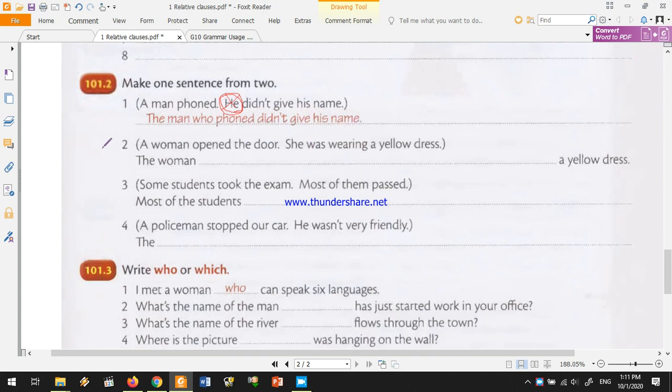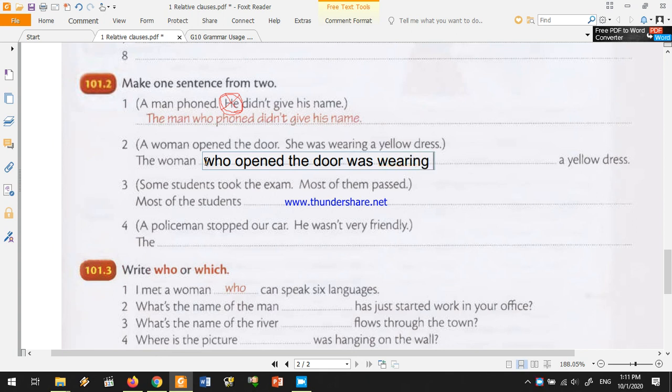Number two. A woman opened the door. She was wearing a yellow dress. We would say, the woman who opened the door was wearing a yellow dress. Let me just write it here. A woman who opened the door was wearing a yellow dress.